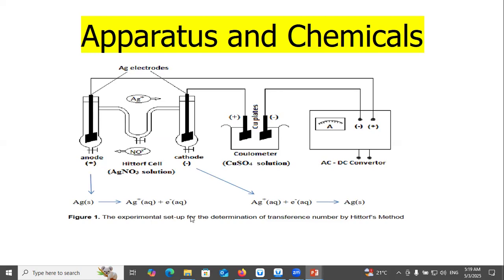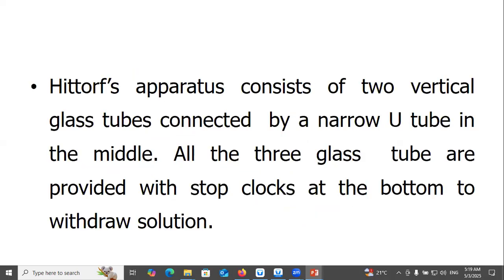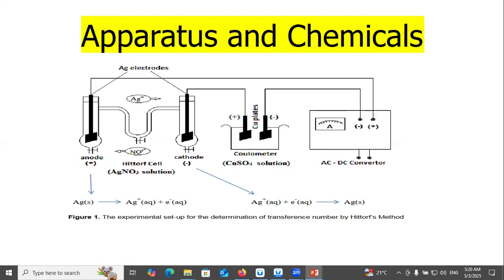The experimental setup for determination of transport number by Hittorf's method. Hittorf's apparatus consists of two vertical glass tubes connected by a narrow U-tube in the middle. This is the U-tube.